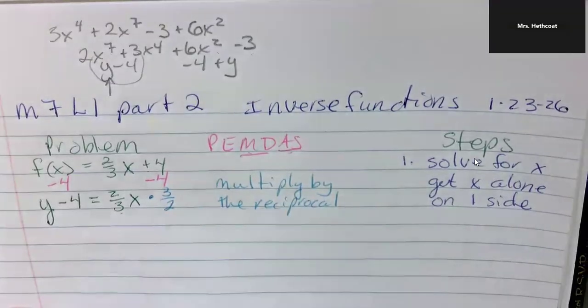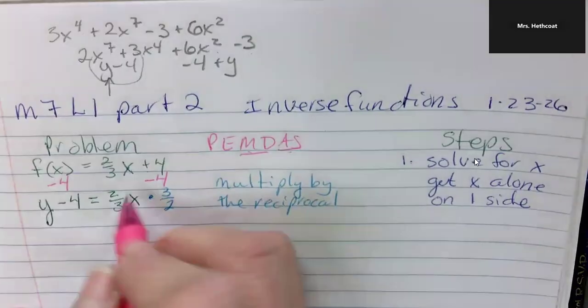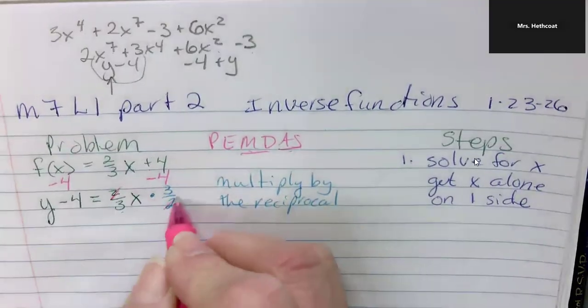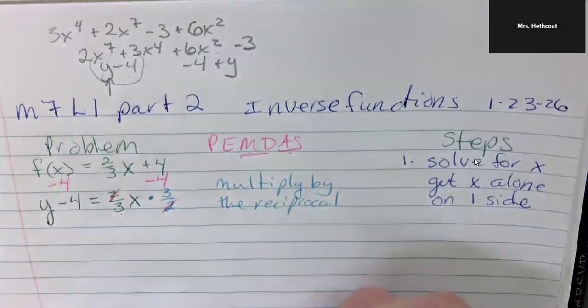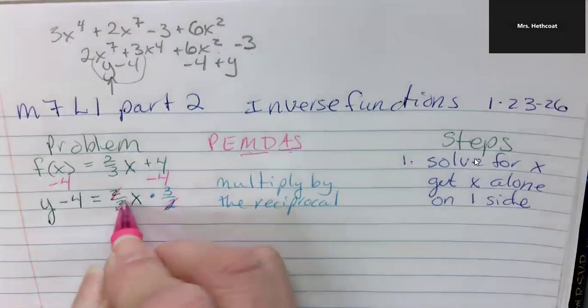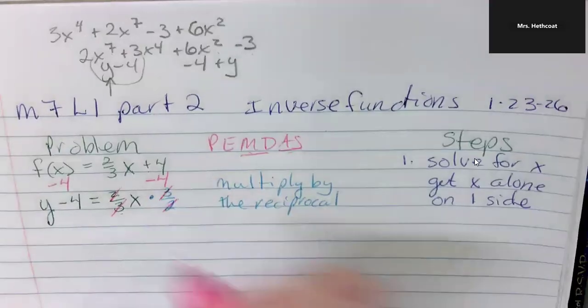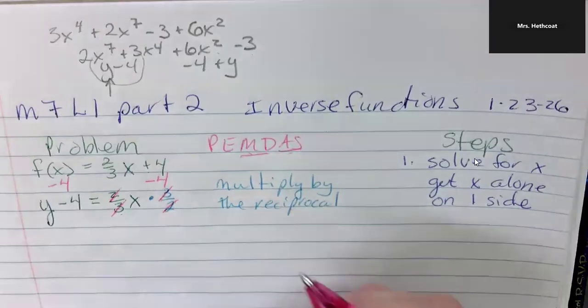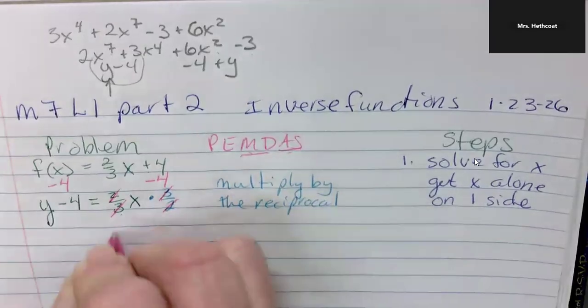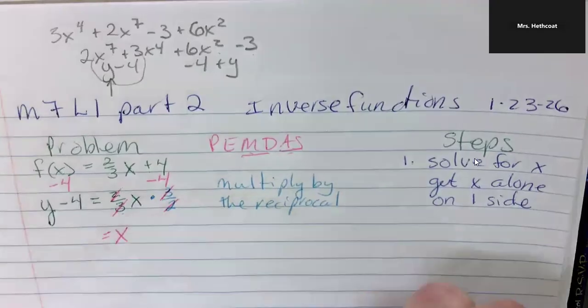Now, why this is beautiful is because we have a 2 on the top and a 2 on the bottom. Those cancel. That's 2 over 2, which is 1. Also, we have a 3 on the bottom and a 3 on the top, in our denominator and our numerator. So that is 3 over 3, which is 1. So then we end up with just x equals, right?